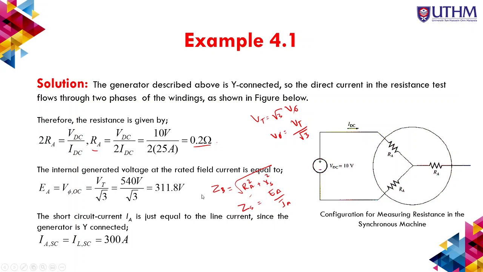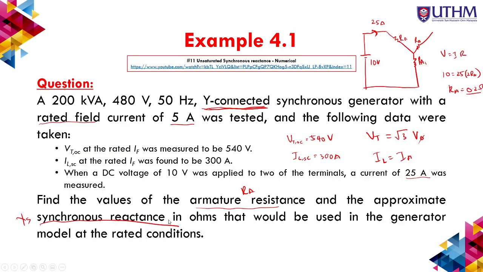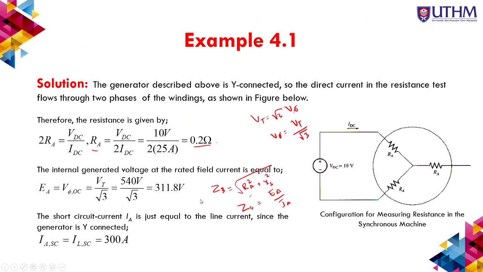Since this is Y connected, IL is equal to IA, so it becomes 300. From the graph, so where is the graph? Oh, there is no graph here. Okay, it's okay, I think no need to see the graph.